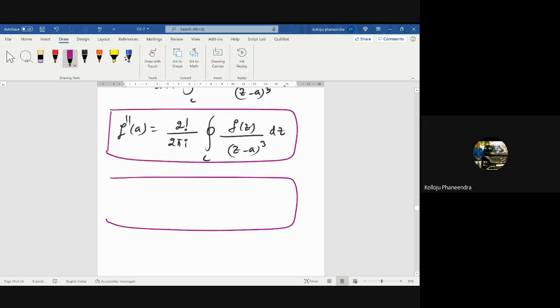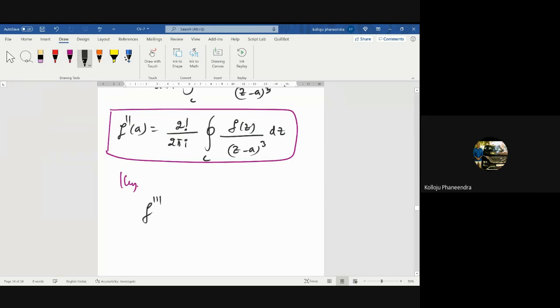Similarly, for the triple derivative you will get 3 factorial by 2 pi I integral over C F of Z by Z minus A whole power 4 dz.